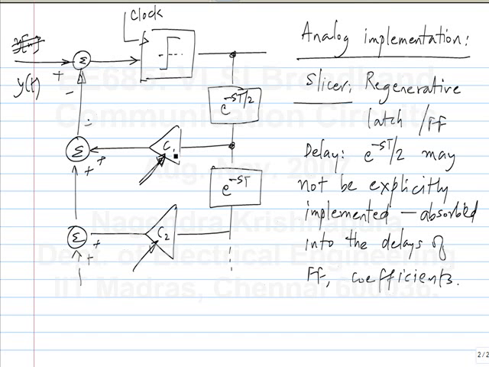Okay. That is, if you implement a response where all the cursor value and all the tap values are scaled, you will implement the same equalizer but with a different gain. But typically in reality you also have a variable gain amplifier here which is adaptively adjusted to give you a desired signal value.